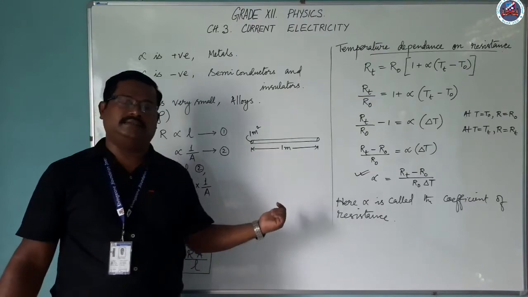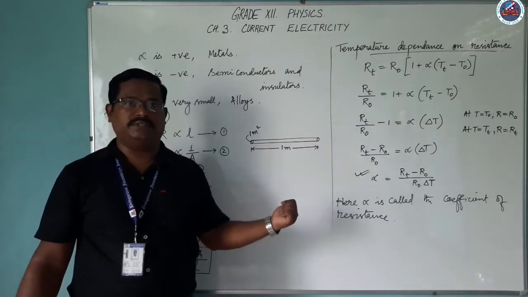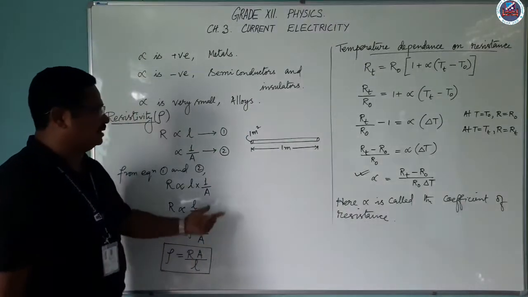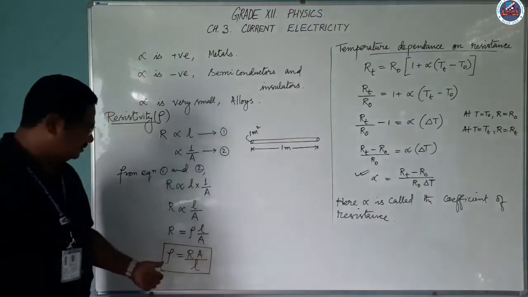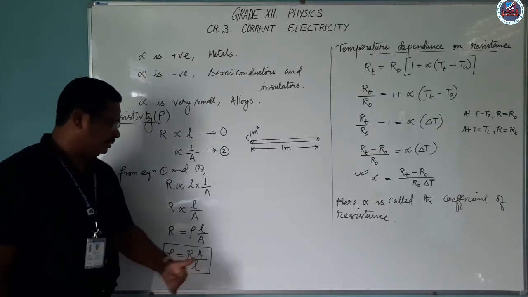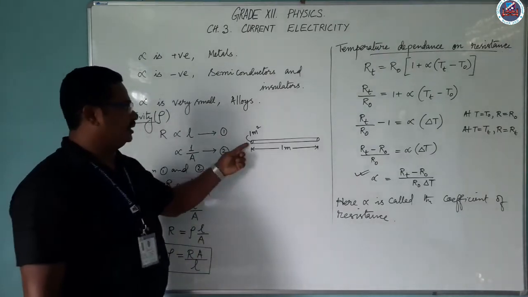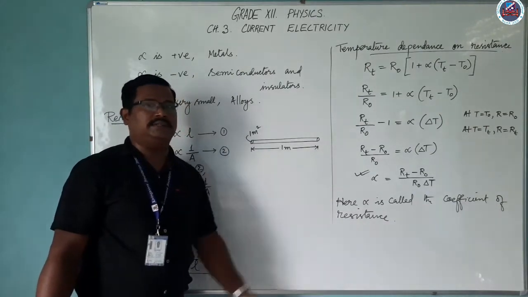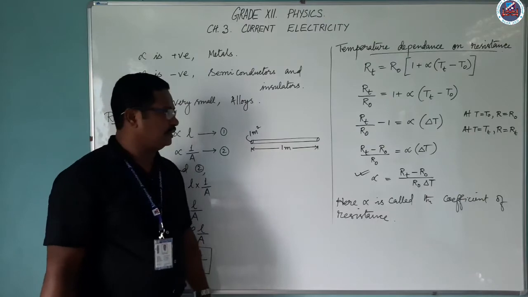That we call resistivity, in simple language. But if you define it scientifically in a physics way, then you define it this way: resistivity is equal to the resistance of the conductor if the conductor has 1 meter square area of cross section and the length of the conductor is 1 meter.